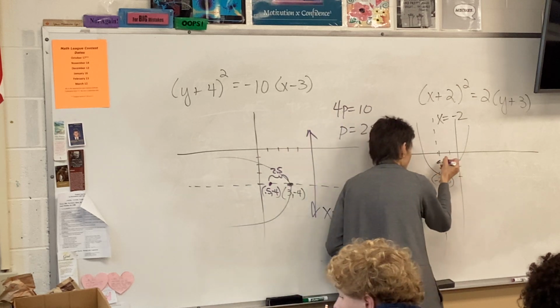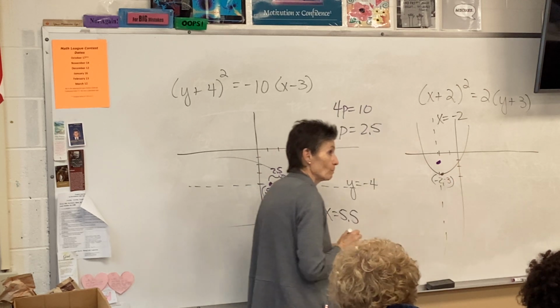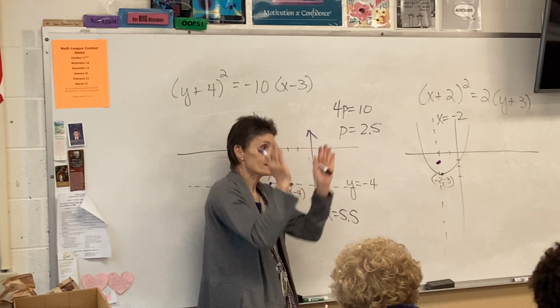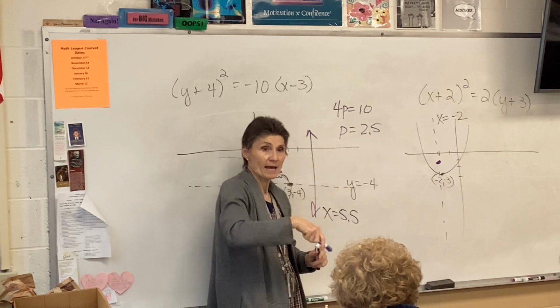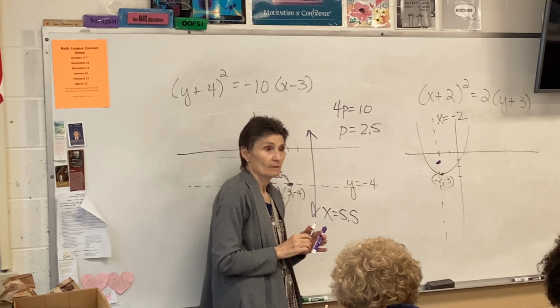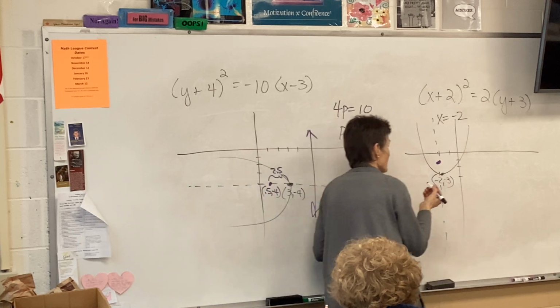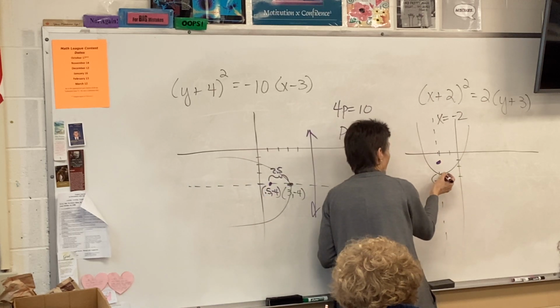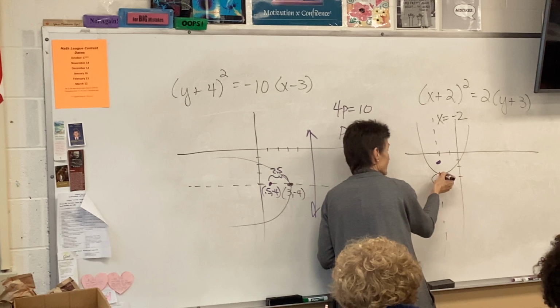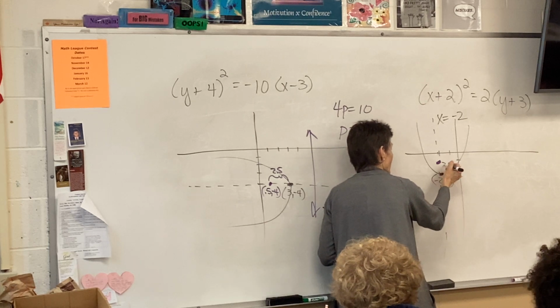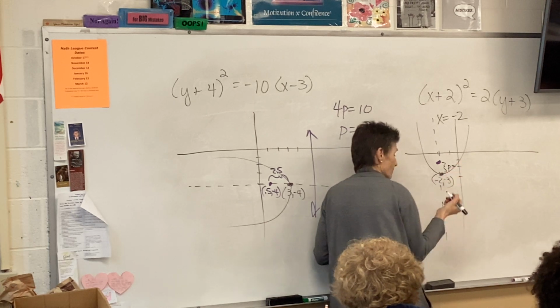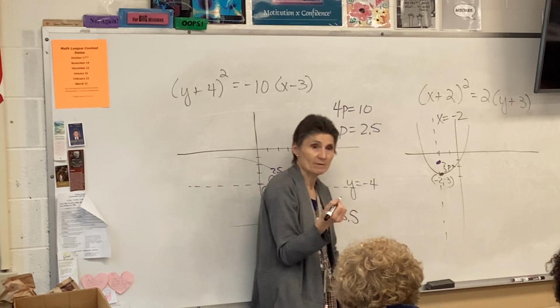Now my focus is in here somewhere. Remember, the focus is always inside the parabola on the axis. So, Tyron, to get my focus, I'm going to have to start at my vertex and go up some amount, which we call P. What will that be in this problem?